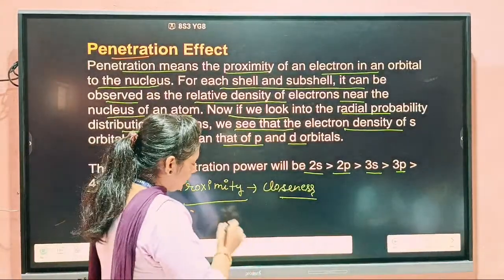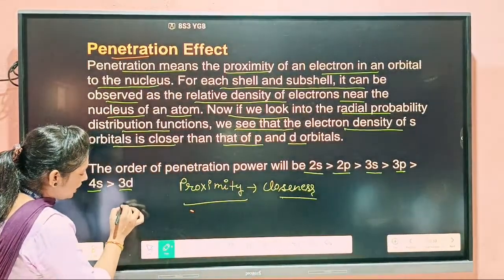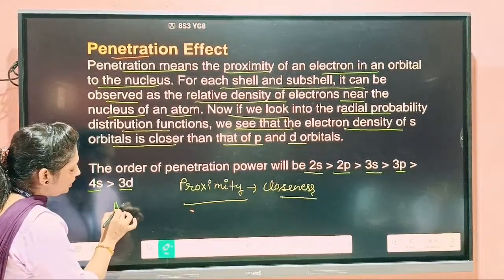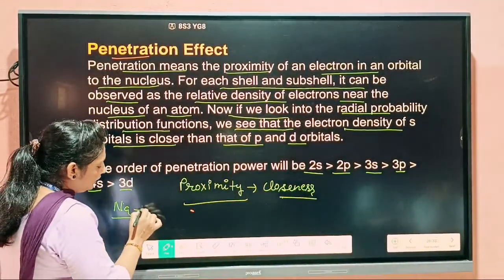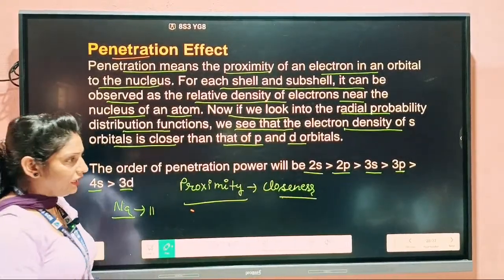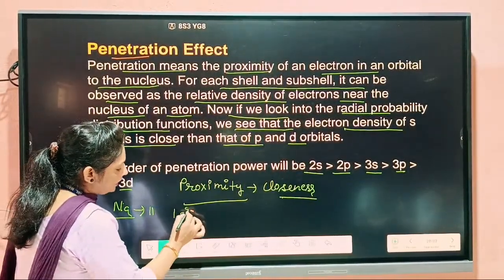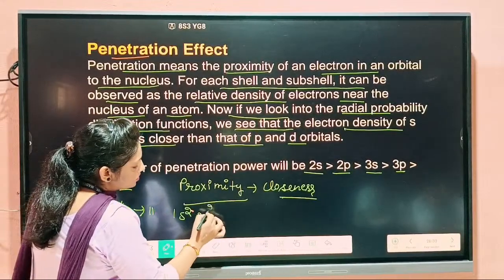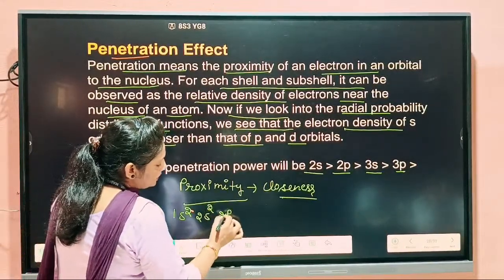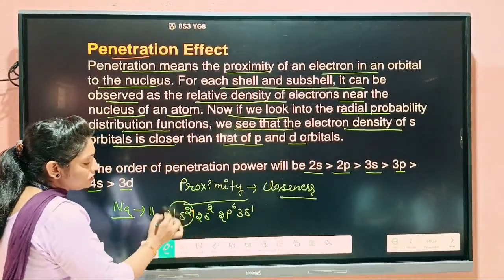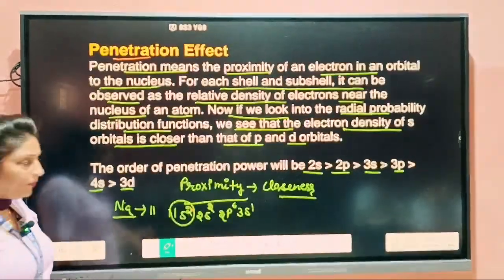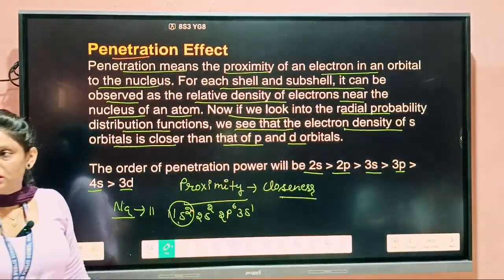If we want to discuss the configuration of sodium or another element, we can take that also. Here its atomic number is 11. So what is the configuration? 1s2, 2s2, 2p6 and 3s1. Here this subshell will be close to the nucleus.